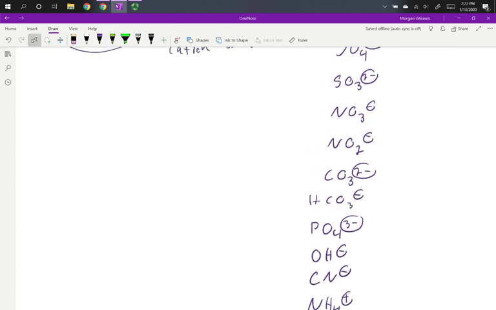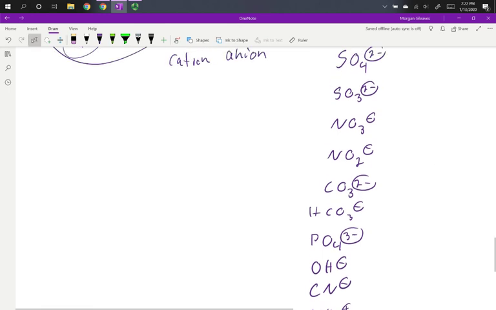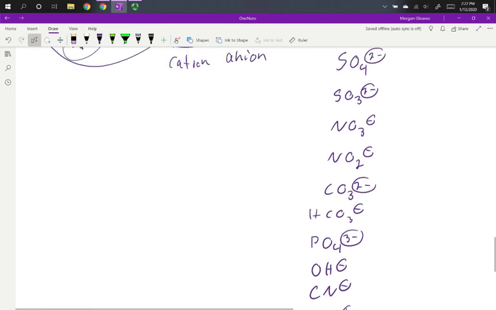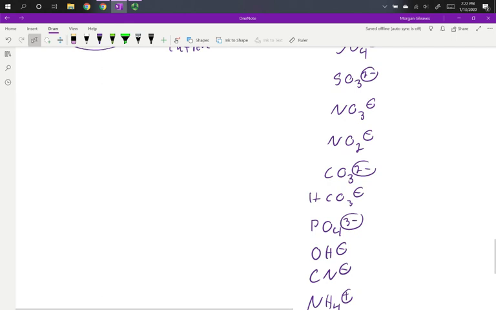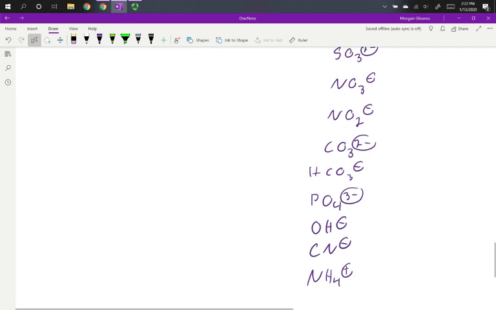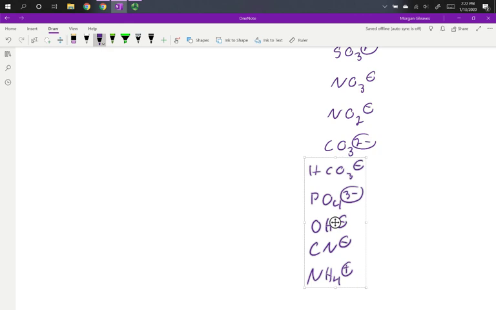So a little more info on the page there. But those 10 are going to be the only 10 polyatomics you have to learn for this class. But you will have to learn them. Unfortunately, there's just nothing to do but to memorize them.